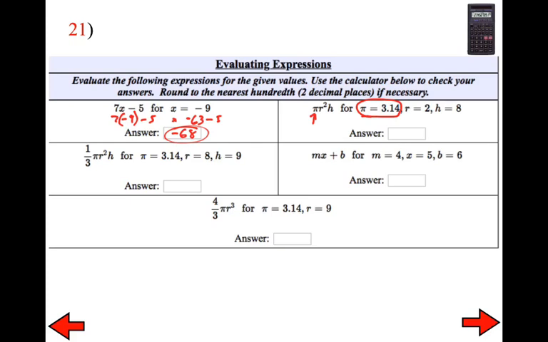So we're going to evaluate the expression pi r squared h, which means pi times r to the second power times h. So what we have here then is 3.14 times r to the second power, so 2 to the second power, and then times h, which happens to be 8.